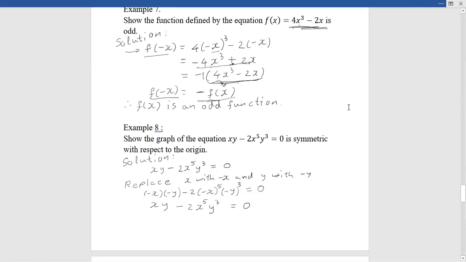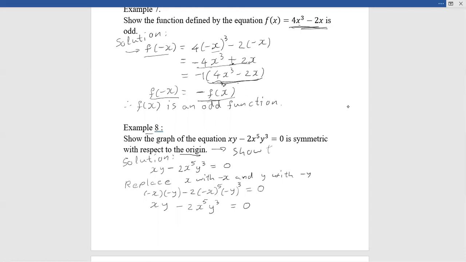Now, let's see example 8. Show that xy minus 2x to the power 5 y cubed equals 0 is symmetric with respect to the origin. Once we see origin symmetry, that means we have to show it is an odd function.